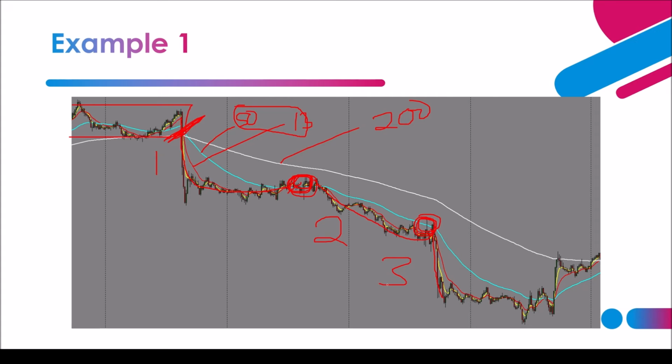After the third impulse, we need to see the pattern. In this particular case, it was a W. First leg was issued, second leg was issued where a railroad track candlestick reversal pattern was issued. So our entry was at this point, stop loss below the second leg, take profit at the 200 EMA, which is at this point.